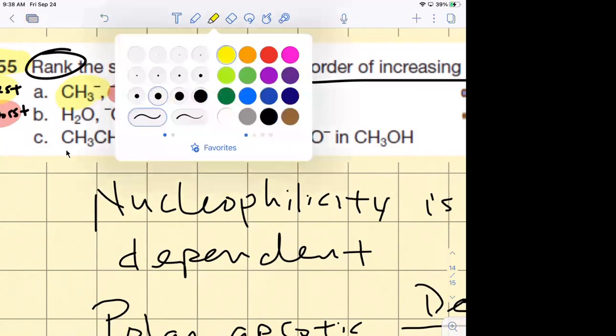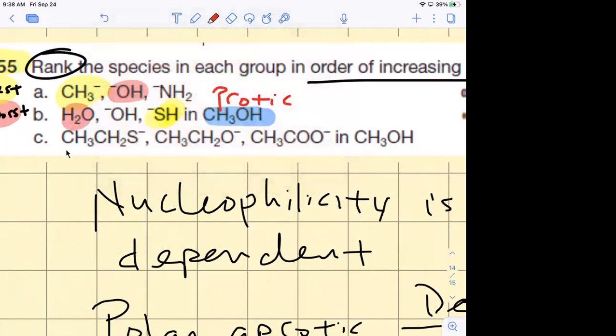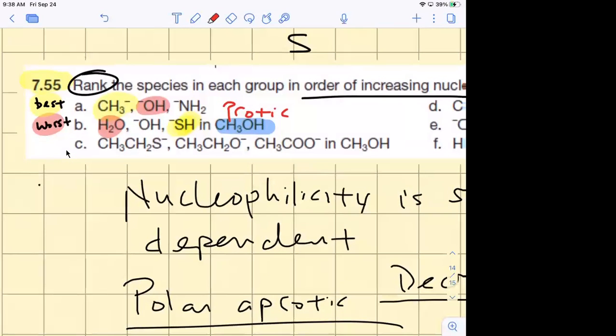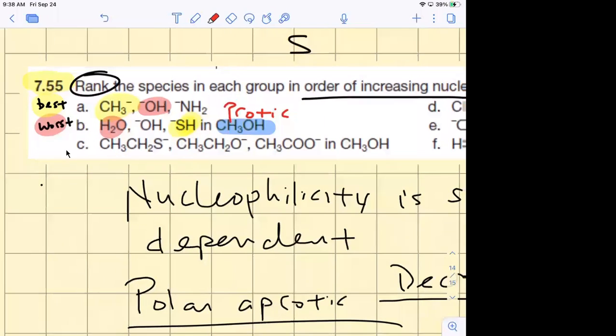So that means that water is the worst one. Since OH minus is a better nucleophile than water, water is the weakest of all three of those nucleophiles. Does that make sense? Yes. All right.